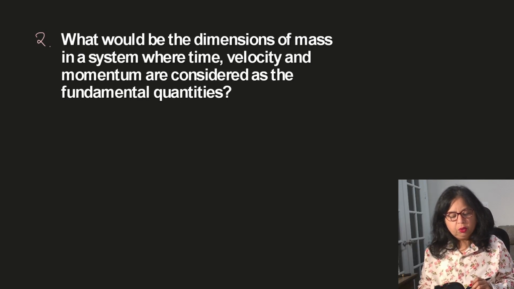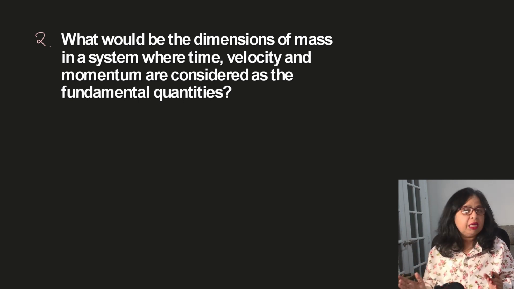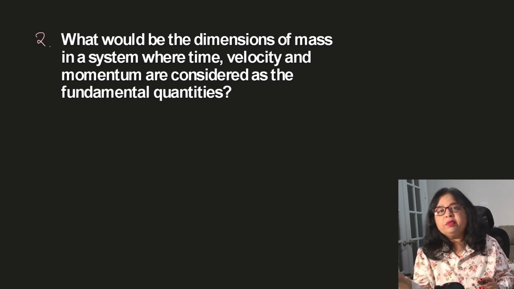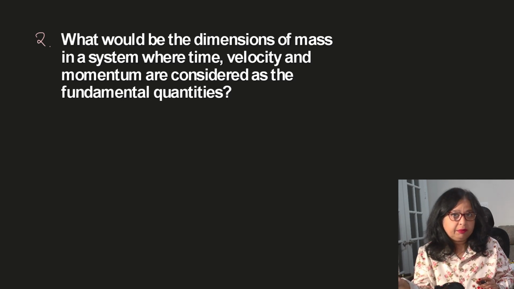Problem number 2. What would be the dimensions of mass in a system where time, velocity, and momentum are considered as the fundamental quantities? Now, in this lecture series, you have seen problems like this a few times before, where instead of mass, length, and time, you have some different quantities as the fundamental quantities.